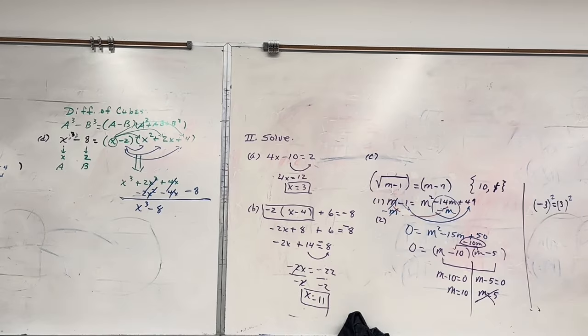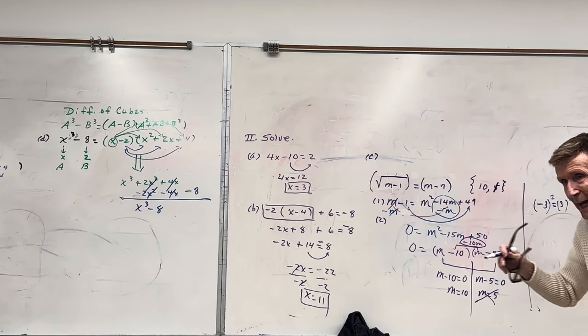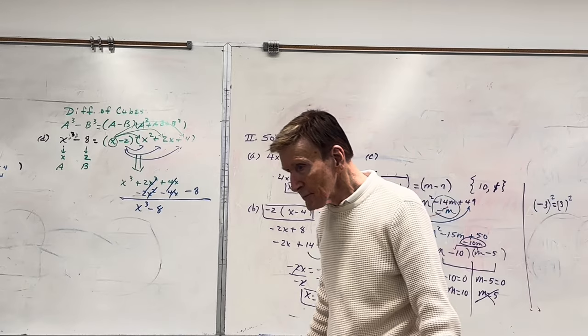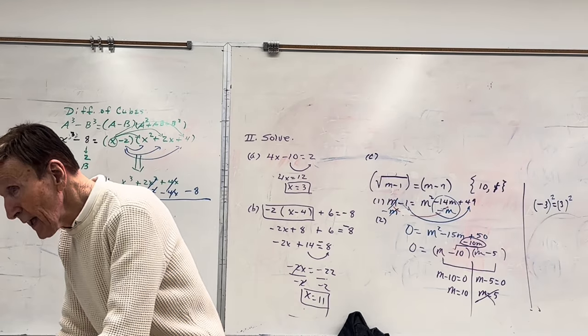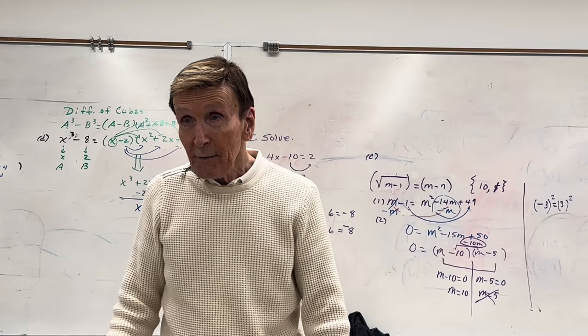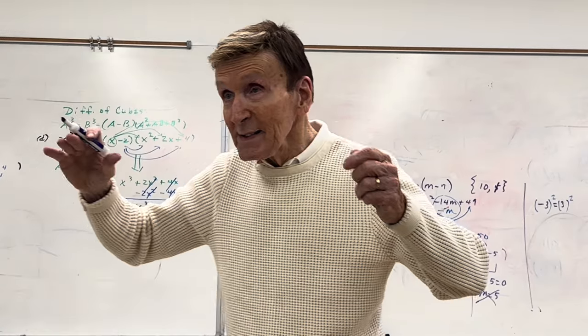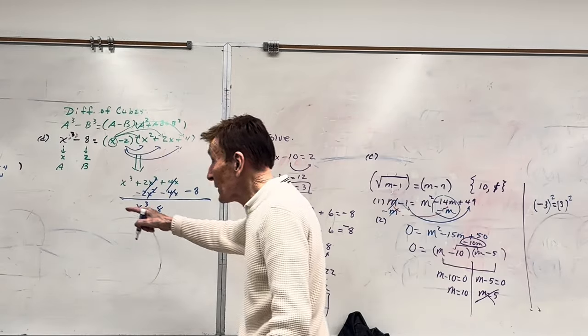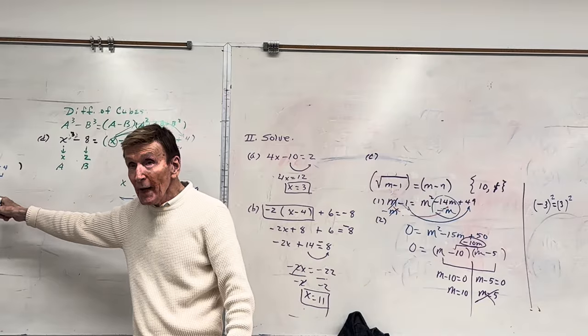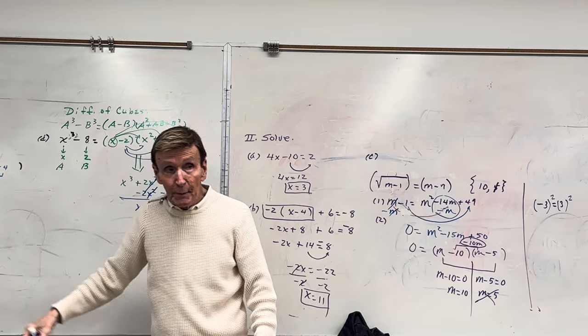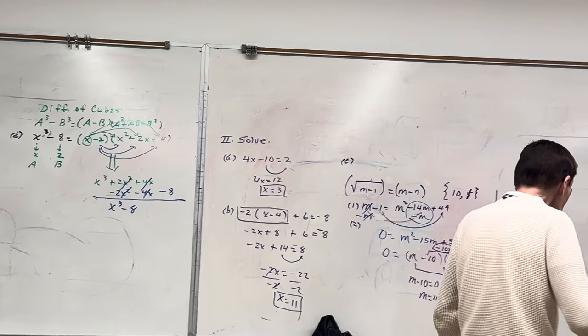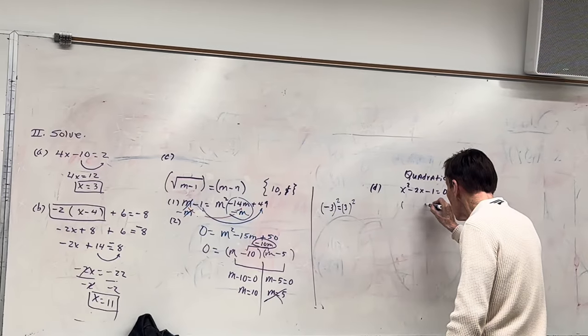I need that word now, quadratic. Highest exponent of 2, known as a quadratic. Now, what does that look like if I say, now, solve this one? What might you attempt to do on this one? I might think as a student, Professor, do the same thing you were doing over here. Factor. Set it up and try to factor this. That's what you have been doing. And do this.